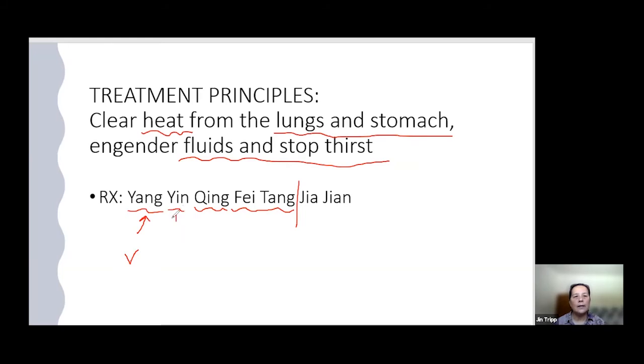Yin is in body fluid, belonging to yin. That's heat damaging body fluid already. And qing means clear. We say clear heat. Heat in the lung. 汤 is decoction. So that's the formula we mainly use for this pattern.